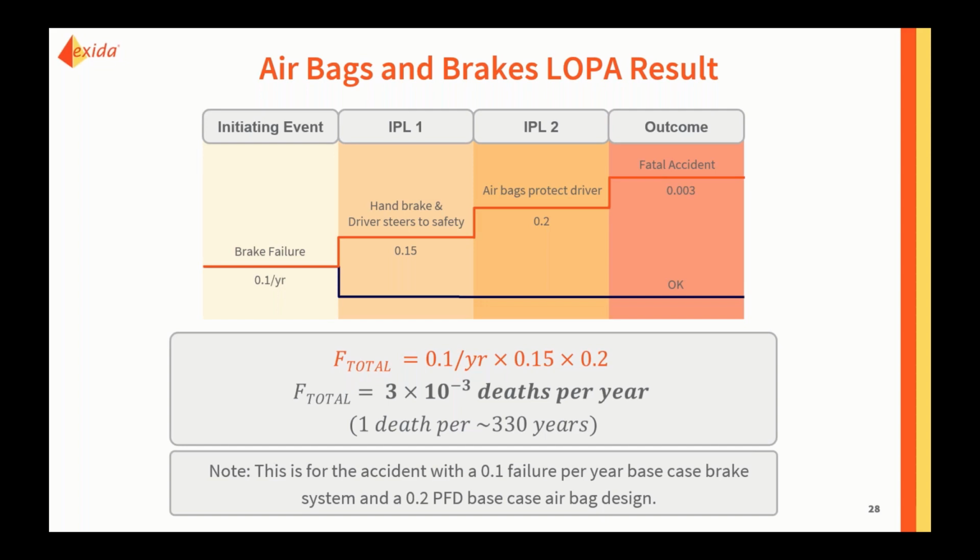Now, we expect this to be unacceptable. This is a frighteningly high accident frequency. And we would then look to find some reasonable way to reduce that frequency further than what we've got in the base design.